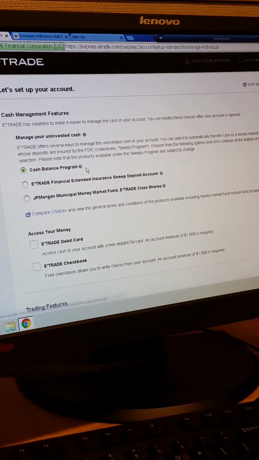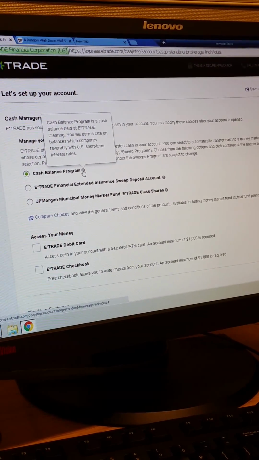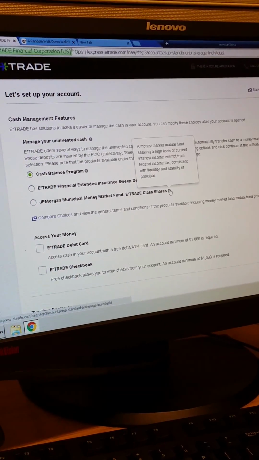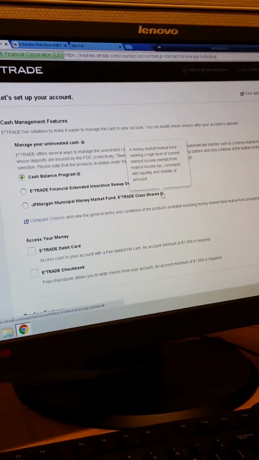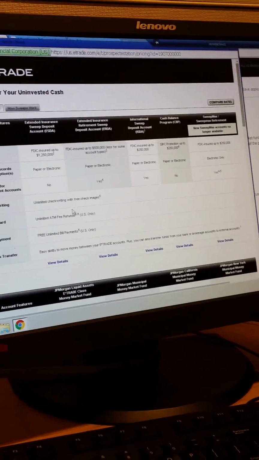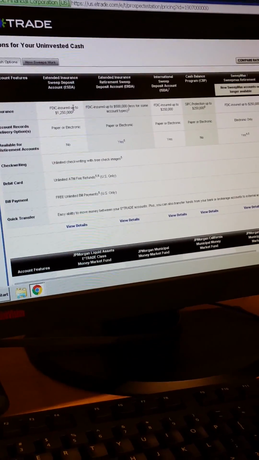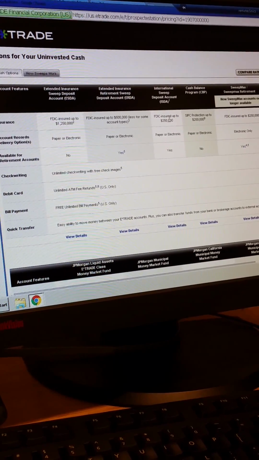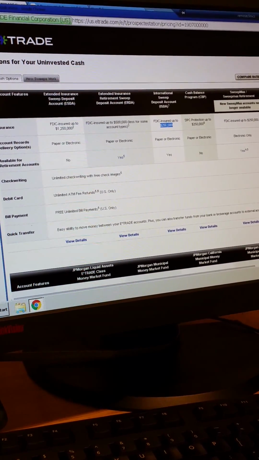Depends if you want FDIC coverage, I think. If you want, in case E-Trade goes bankrupt, your money's insured. So which one are you insured? So they're all insured, depending how much. Yeah, I mean, you're probably not gonna have much more than this initially.